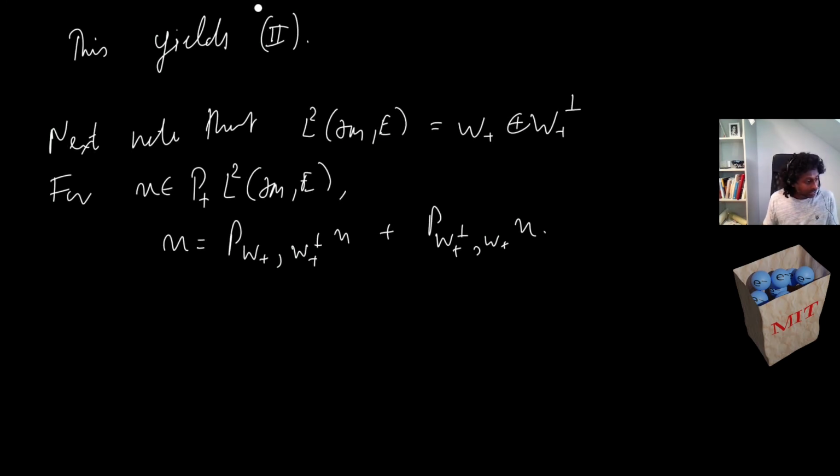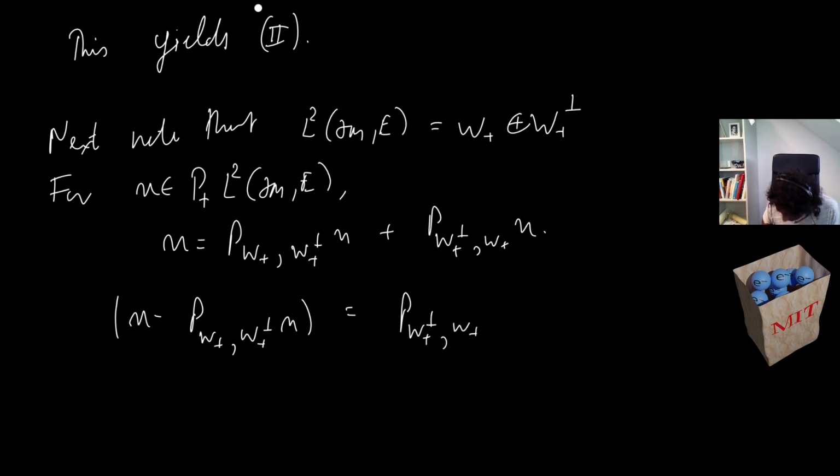And so now we just subtract again. We do the trick that we saw before. W plus perp U is equal to P W plus perp W plus.